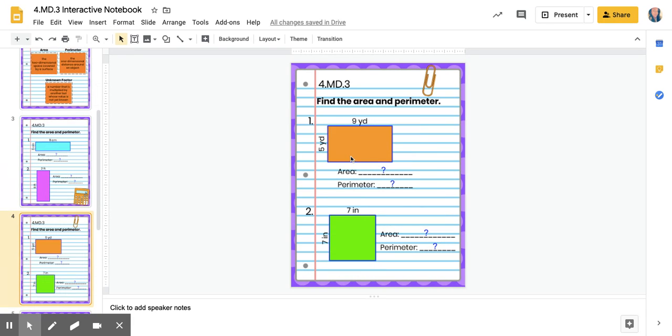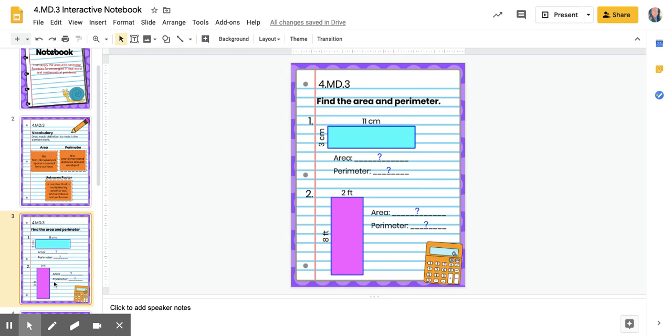Okay, the first page, they ask you to find the area and the perimeter of these two shapes. These two rectangles. So to find the area of this rectangle, you would do 11 times 3, which would give you 33.